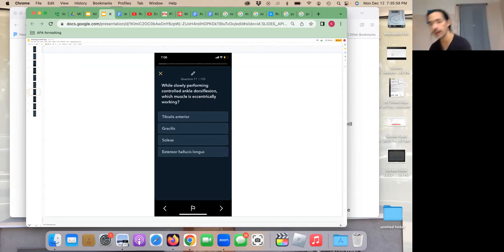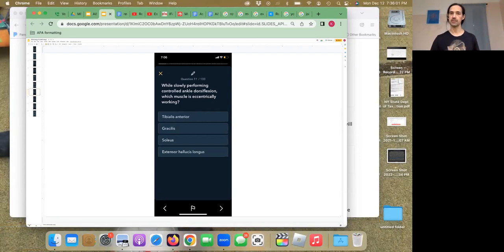Okay, so ankle dorsiflexion. When you take the test, I want you to say things twice so you really get them clear, so you can picture it in your mind. Controlled ankle dorsiflexion, dorsiflexion. Which muscle is eccentrically working? Ankle dorsiflexion, eccentrically working.